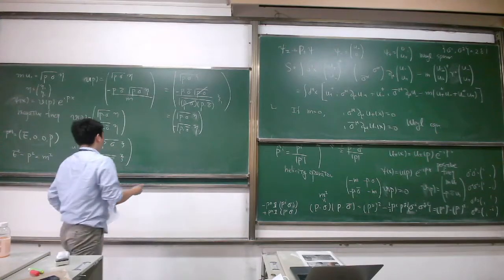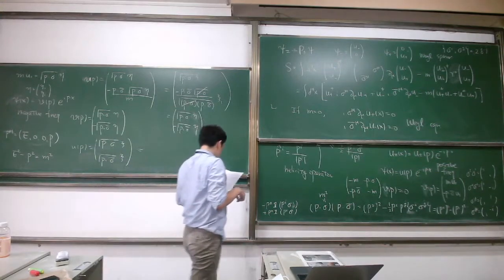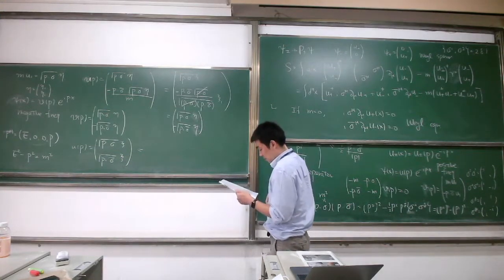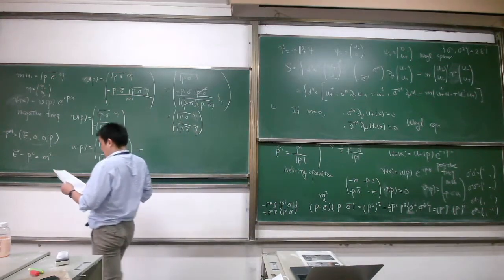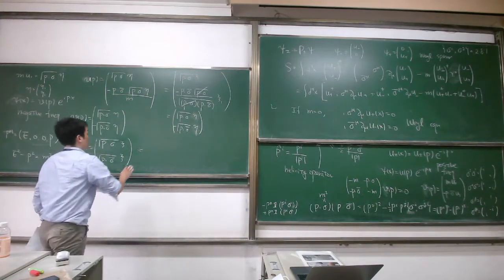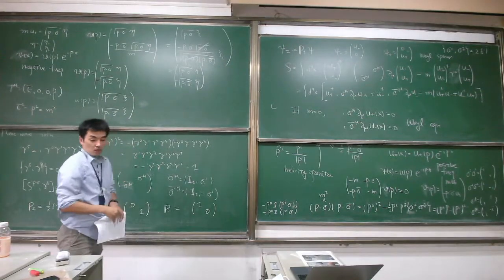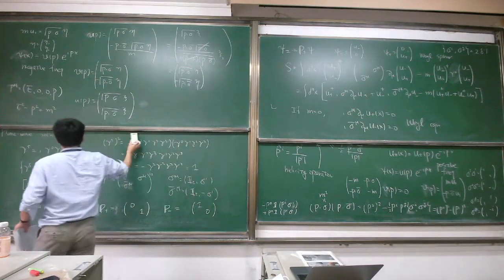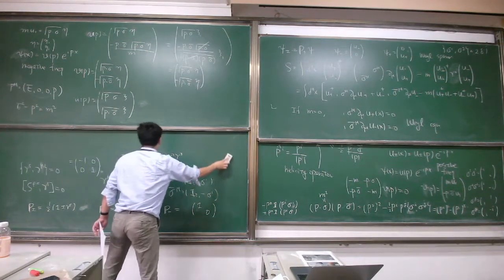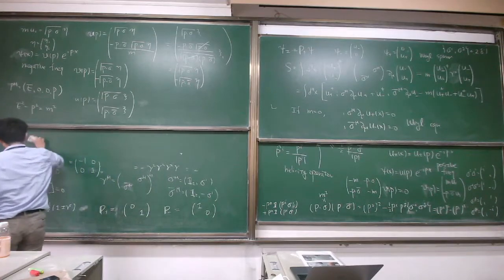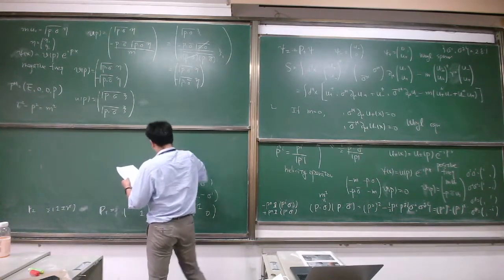And what we get is that ξ, as I mentioned, is a two-component spinor, and if ξ is the up, we will see the following.